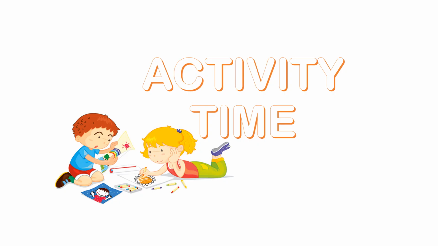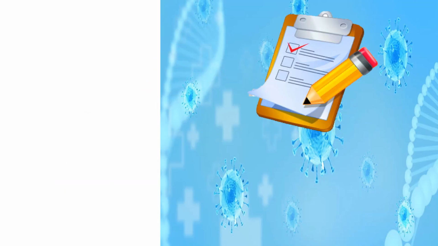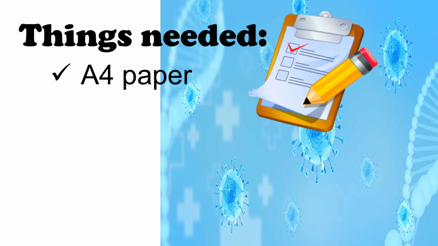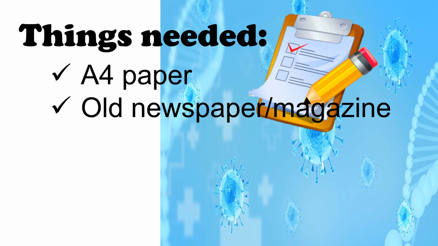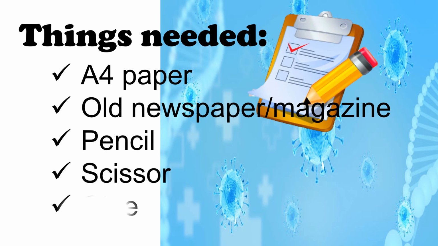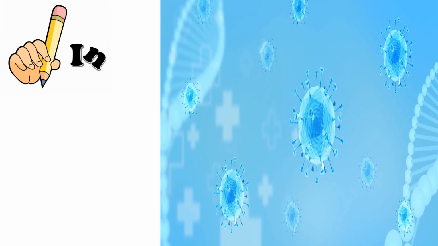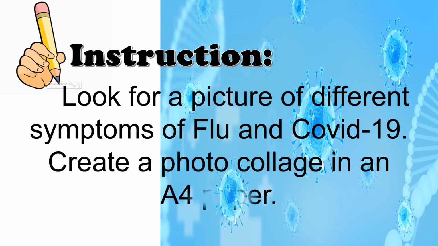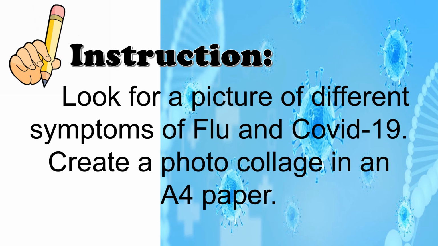Okay, now let's proceed to our activity. So what are the things needed? An A4 paper, old newspaper or magazine, a pencil, a scissor, and a glue. So here is the instruction. You need to look for pictures of different symptoms of flu and COVID-19.